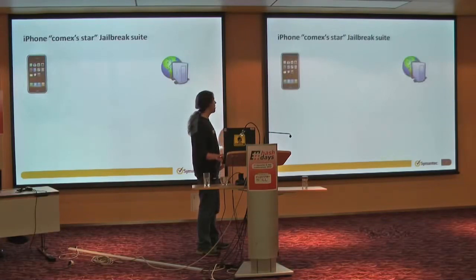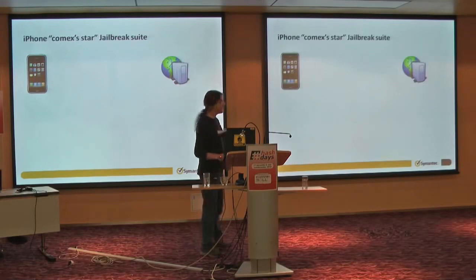This is the iPhone rootkit. I'll explain a little bit how the jailbreak common start suite worked, how they managed to break into the mobile and get rid of the protection in the iPhone. So basically, an iPhone would request a website.